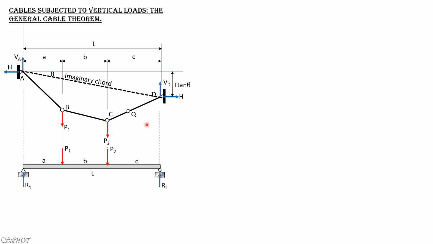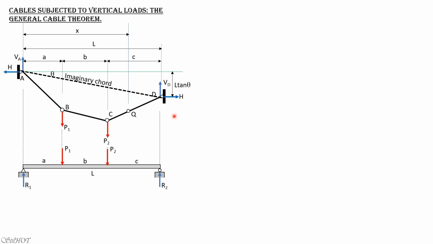And we consider a point anywhere on the cable, let's say point Q, at distance x from the left. Take note that you can analyze this system using the principles of statics.